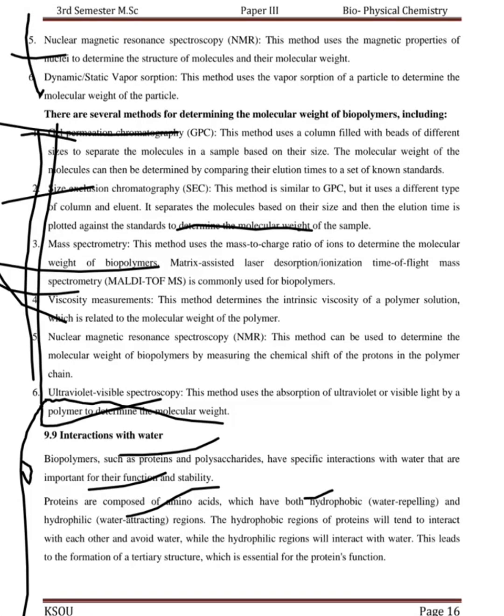You should know what hydrophobic interaction and hydrophilic interaction mean. The hydrophobic region of a protein will tend to interact with each other and avoid water. The hydrophilic region will interact with water.